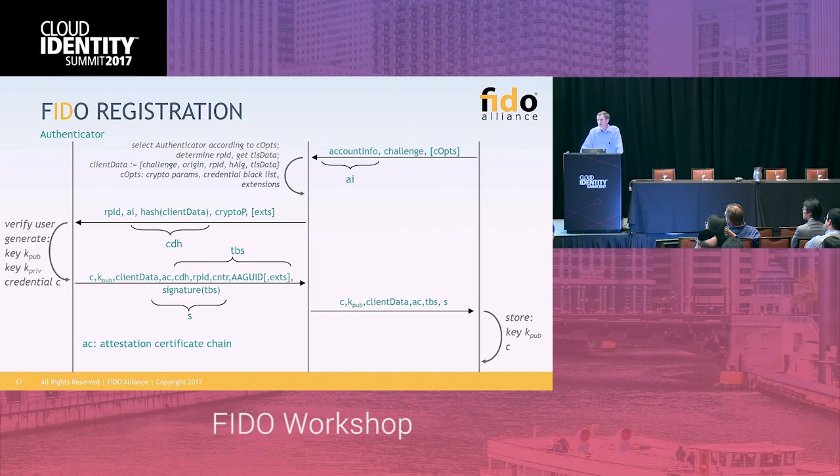Client data can be a lot of different things. It's whatever the client, in this particular case the browser or the application, can actually store. The client data could be some PKI credentials, could be something else. That gets signed as part of the signature that goes back and forth between the authenticator and the relying party.